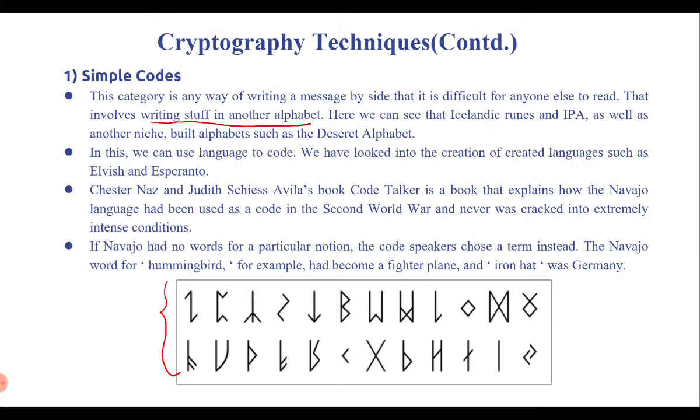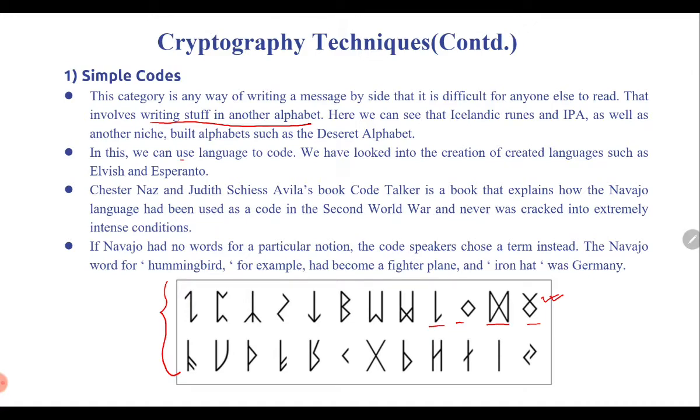So we use entirely different sets of alphabets in order to represent the message that we are going to send. It might include the early writings by various civilizations, or an entirely different set of alphabets which is designed for communication between two parties.